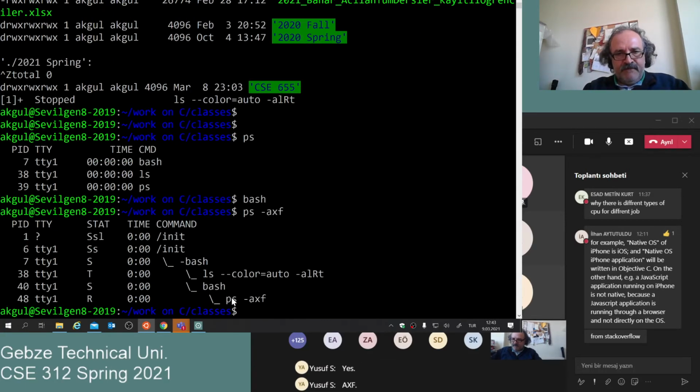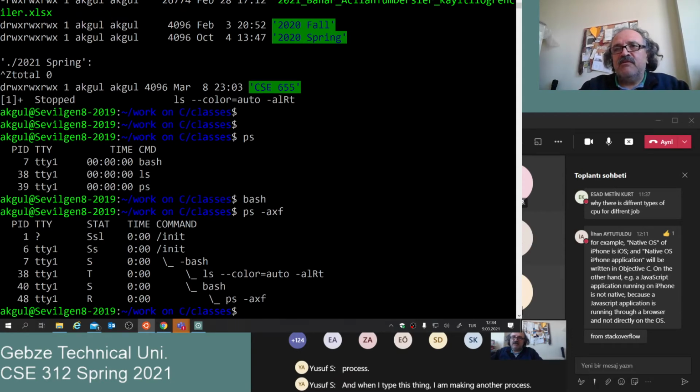Okay, good. See, this bash has two children, ls and bash. And these are the process IDs. So I can create that kind of a picture. By the way, this is how you make another process. Bash is a process, and when I type this thing, I am making another process.